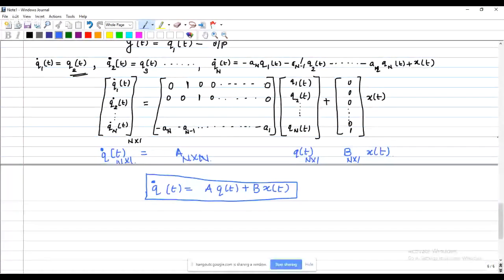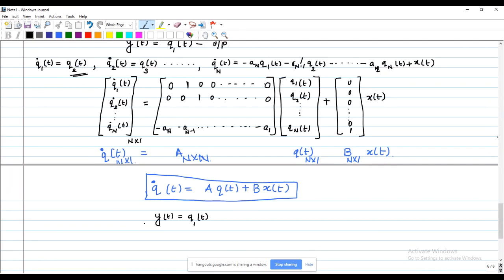Okay. Moving on to the next equation, that is with respect to y of t. We know y of t is equal to q1 of t.